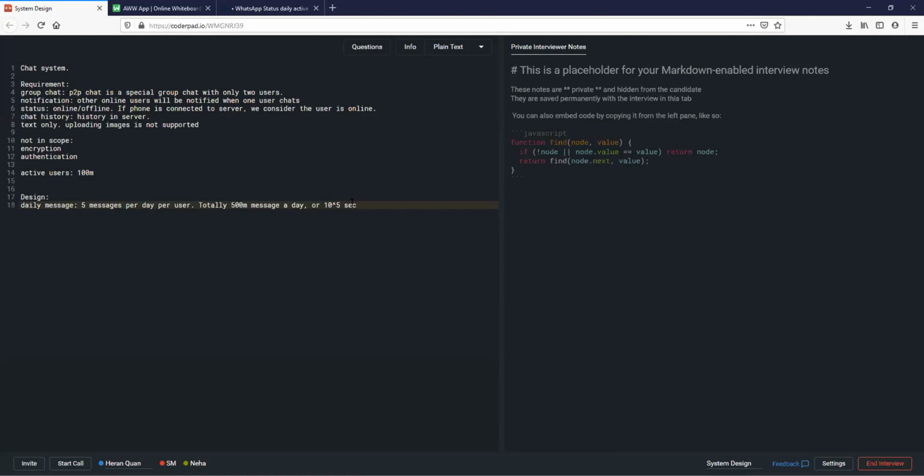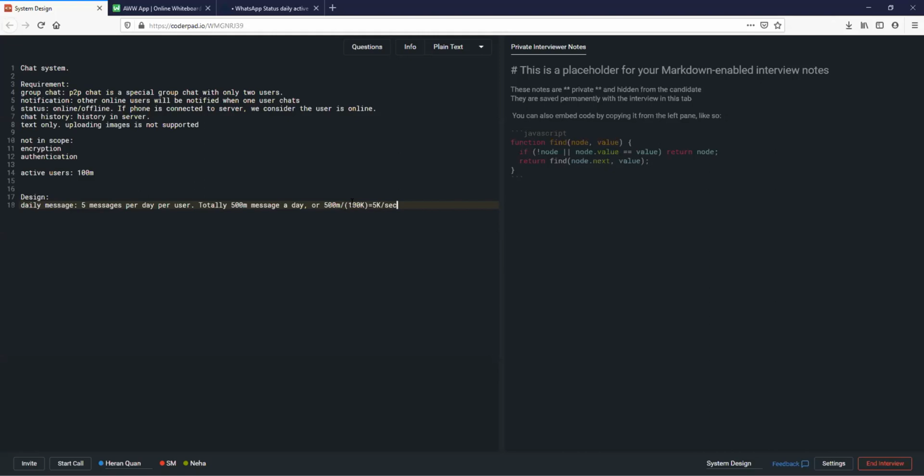We have 5 million messages per day, which means we have 5K messages per second. I think this is very tough for a single machine.